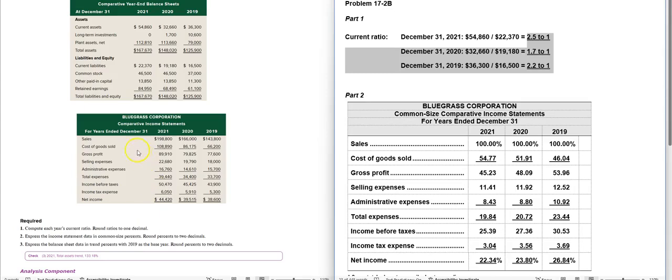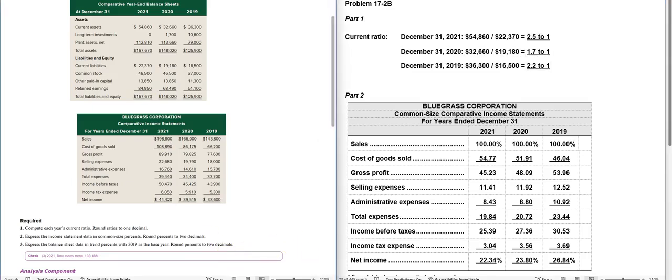The way we do that is we look at some base amount. We have to establish one amount that is the baseline for all other items. In an income statement, we use revenues or sales as our baseline amount, and that is what we compare every line item in the income statement to.